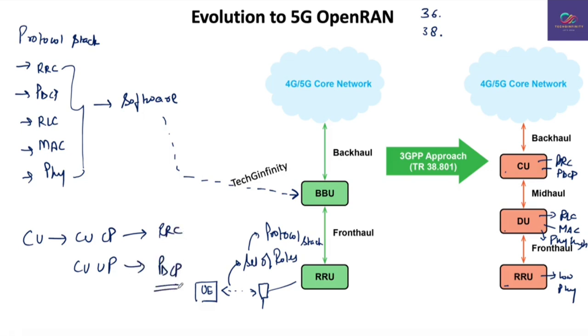Because this is the packet data convergence protocol, which has the functionality of looking into the IP packets coming from the external world, and RRC is the one looking into radio resource control, and it talks about control signaling. We'll try to understand these functionalities going forward. This is the evolution of 5G Open RAN.